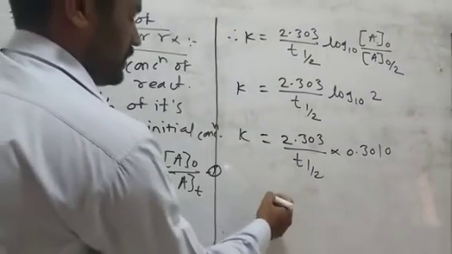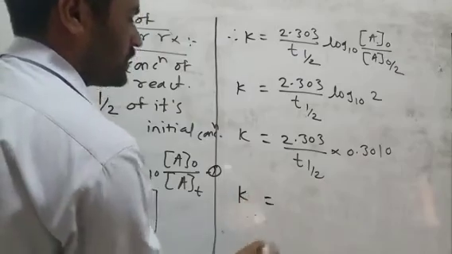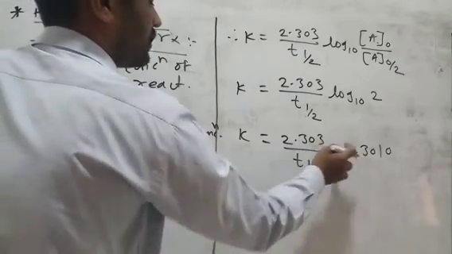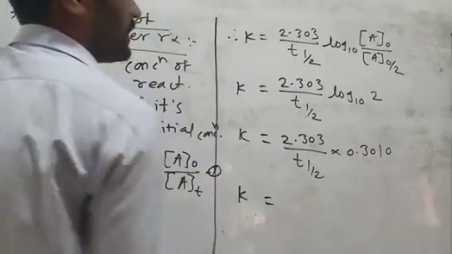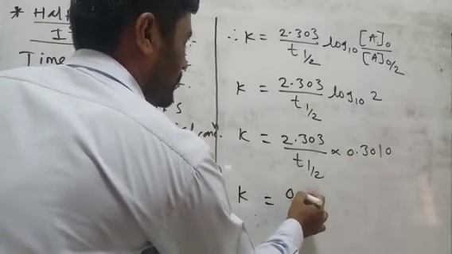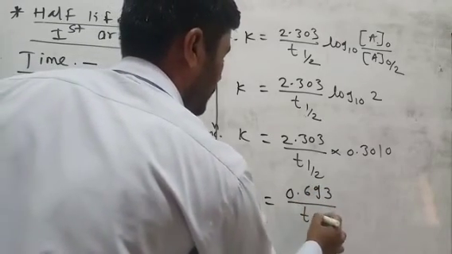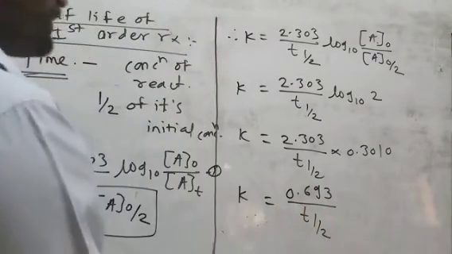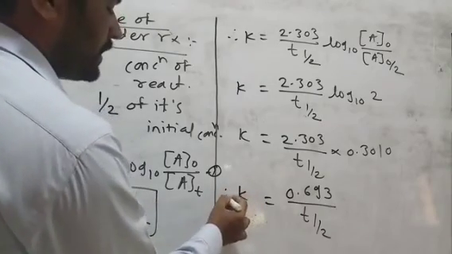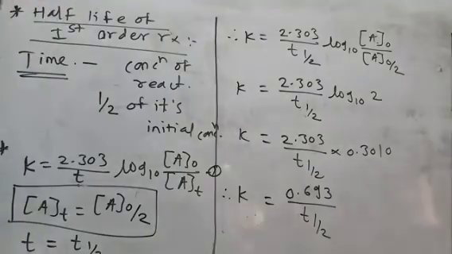Then by multiplying both values, 2.303 into 0.3010, the value obtained is 0.693 divided by t1/2. That is, the value of the rate constant k is equal to 0.693 divided by t1/2.